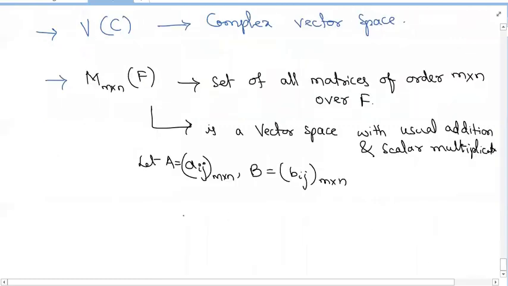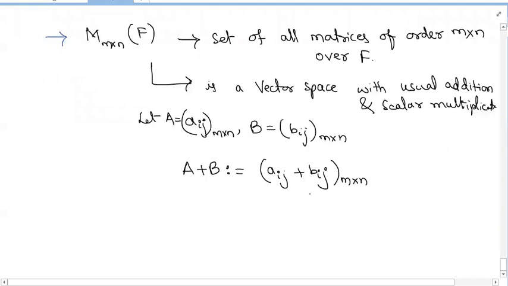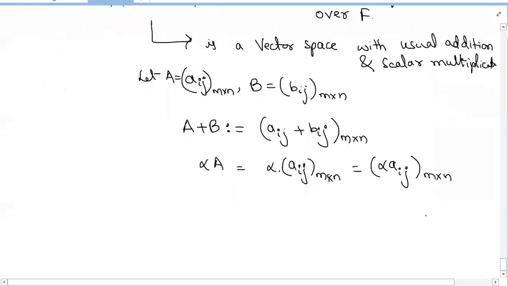You have to add componentwise, corresponding elements. A plus B is Aij plus Bij. This is called the usual addition. What is the scalar multiplication? Alpha A equals alpha times Aij, with alpha inside the bracket. With respect to this addition and scalar multiplication, it is a vector space over F.